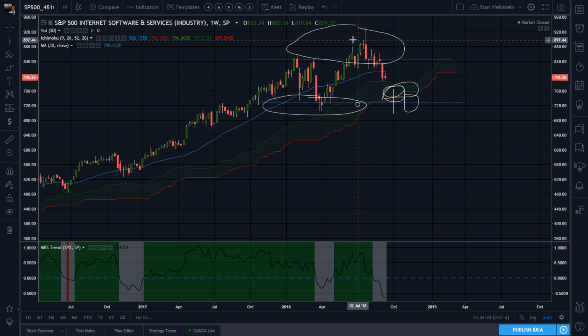Because remember, we never had a close on the monthly candle above this line, above the 840. So this is a false breakout territory, I call it. So if you jump the gun, you don't wait for the month to close, and it closes below that line, then you're trapped.